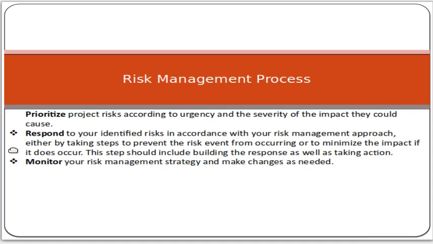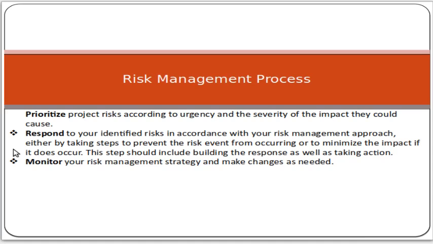Then respond. For example, one risk has a very low probability, but the severity level is very high. So you should respond to it. Responding means that you should have a response strategy for what you will do in that case. You should have a response strategy for each and every risk you have identified, with respect to the severity level, the probability, and the priority.